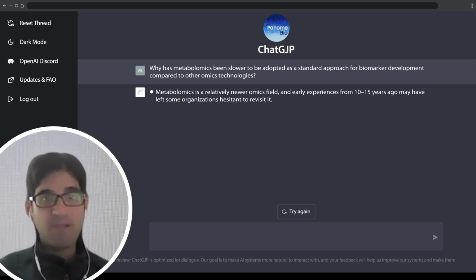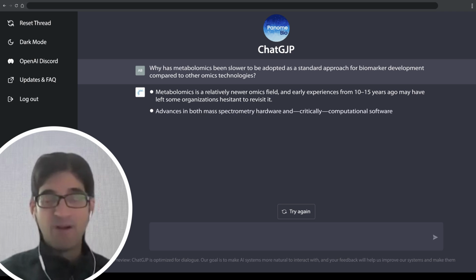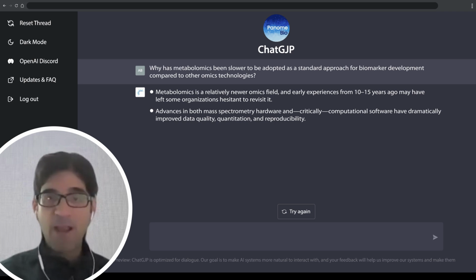And I guess maybe the message for that particular individual is that metabolomics has come an extraordinary way over the last 10 or 15 years. The technologies have undergone just amazing advances, both on the hardware side, and perhaps even more importantly, on the software side, where we're now able to do quantitation much better and to get much more robust, reliable results that enable us to find changes that are much less striking.